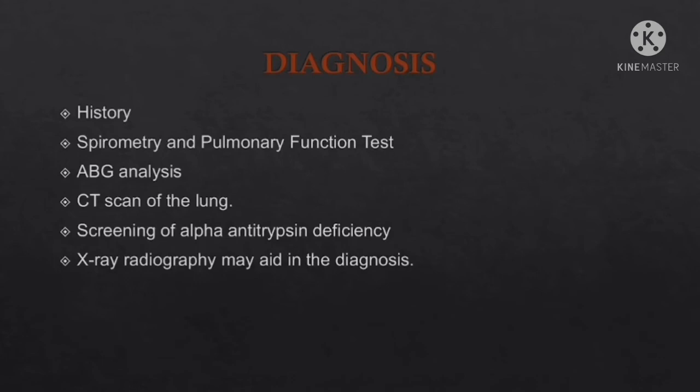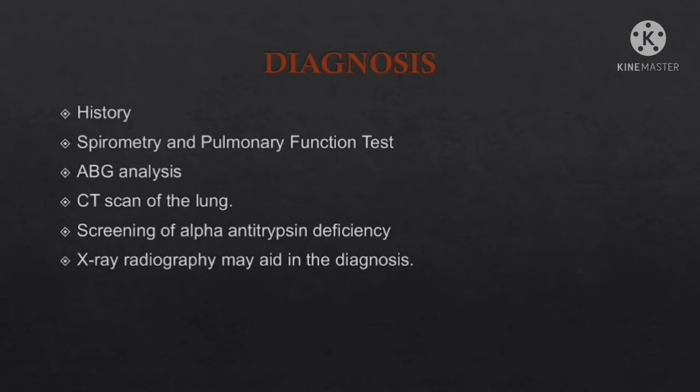Now next is the ABG analysis or the arterial blood gas. It is a test to measure the amount of oxygen and carbon dioxide in blood from an artery. Then next is the CT scan of the lungs in order to determine if there's any defect or abnormalities in the lungs.